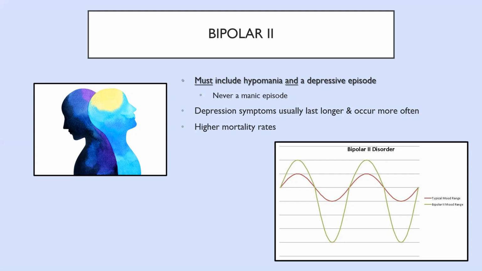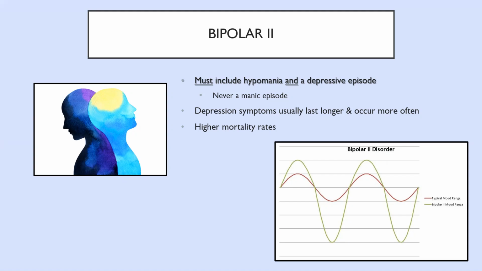So if you think about it, they're spending more time feeling bad than people suffering with bipolar 1. So there are actually higher mortality rates for people suffering with bipolar 2 than bipolar 1. I don't know if you have heard of the distinction between these before, but if you've ever heard of one being more severe than the other, that's not necessarily the case. Both are very difficult for different reasons.